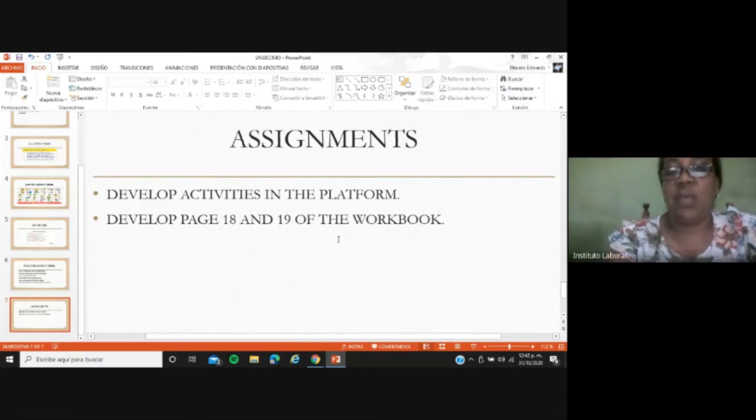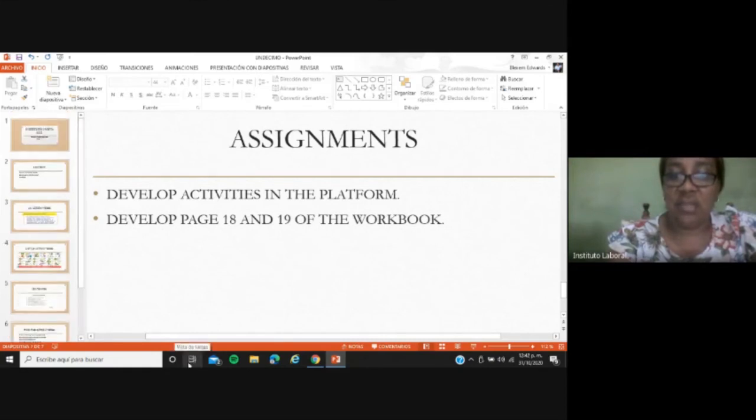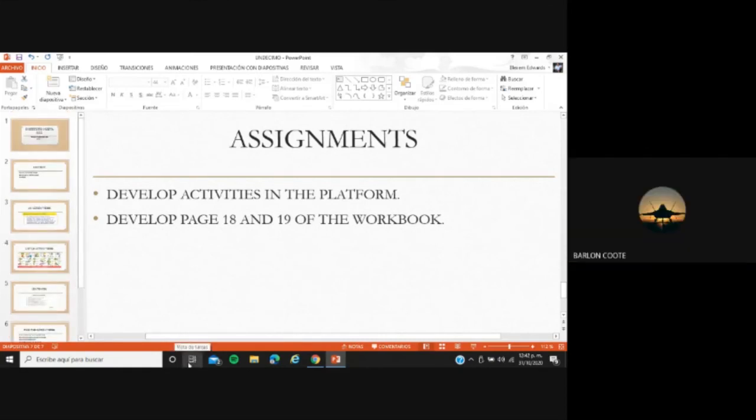Pages 18 and 19 we made in class. Lo hicimos aquí en clase. So you're going to work to develop the activity from the platform. Do you have any questions? No, teacher. Thank you.